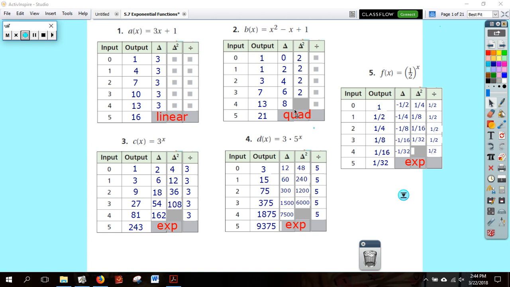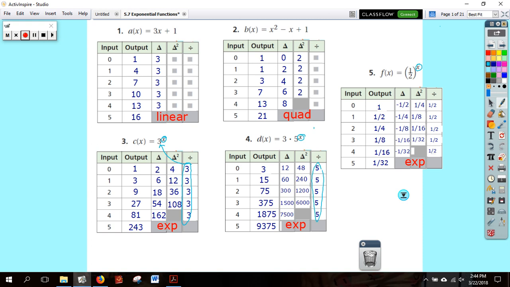And then if you look at 3, 4, and 5, all 3 of them, what they have in common is they have this little x for the exponent up here. And if you look at each one of your ratio columns, so your divide column, this number here matches that base.